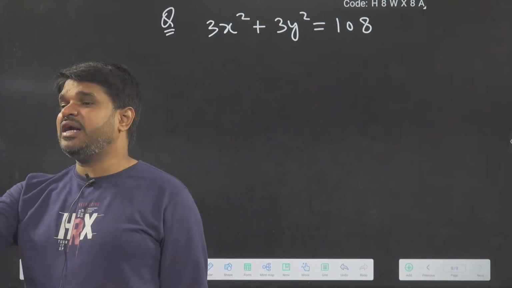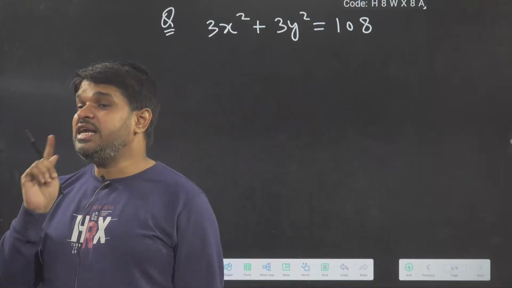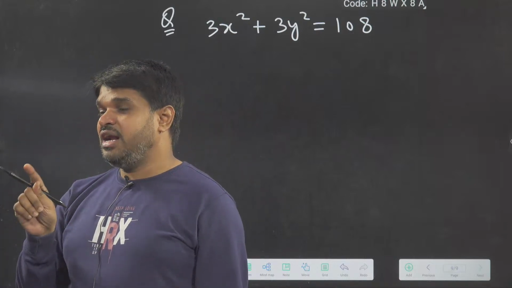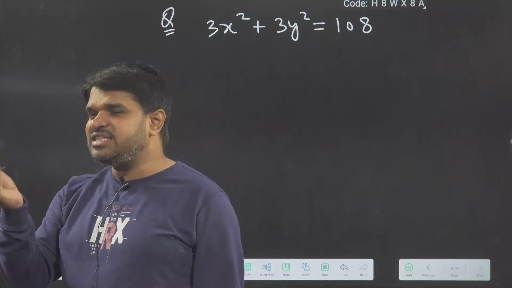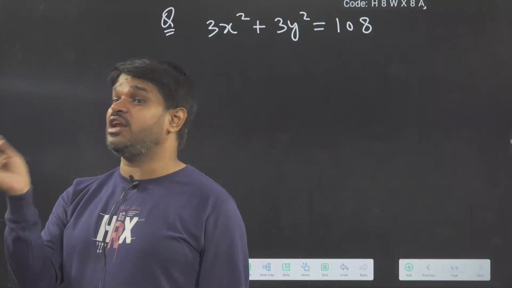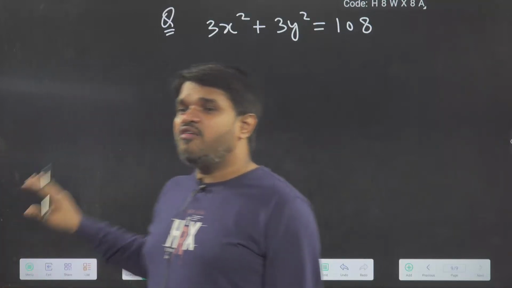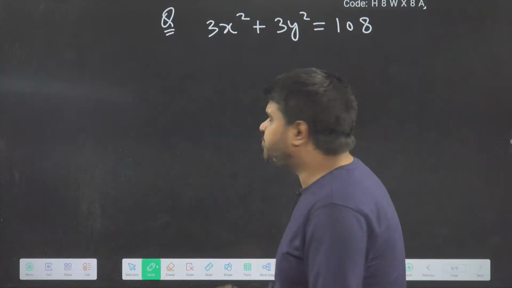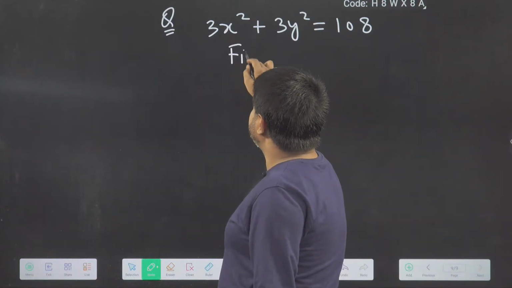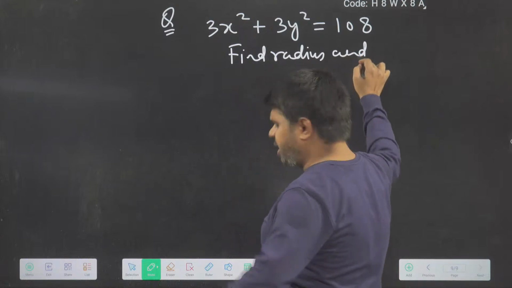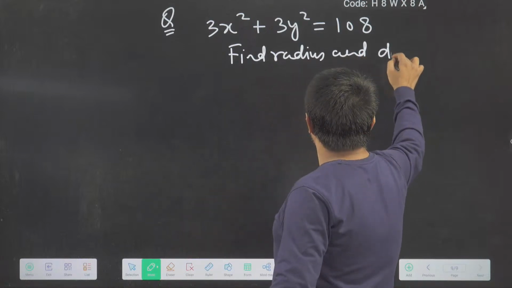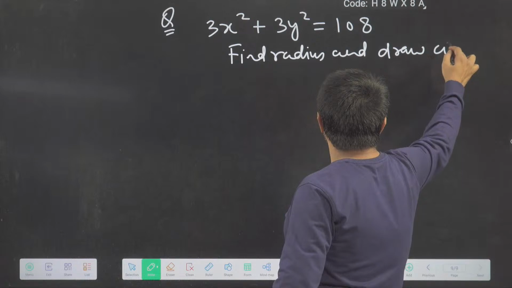Harshvardhan, yes, but that is just one case. Tan 45 is 1, tan 135 is minus 1, product is minus 1. But that is just one case. Now I said general proof. Find the radius and draw the circle.